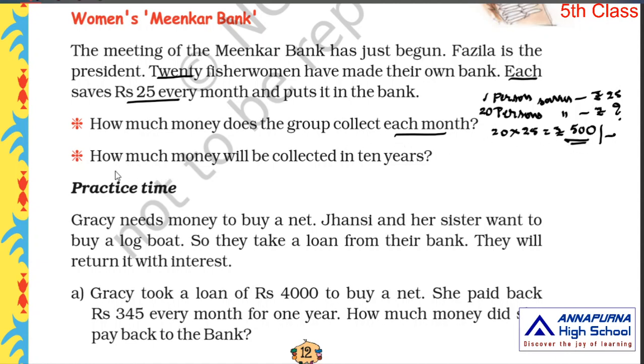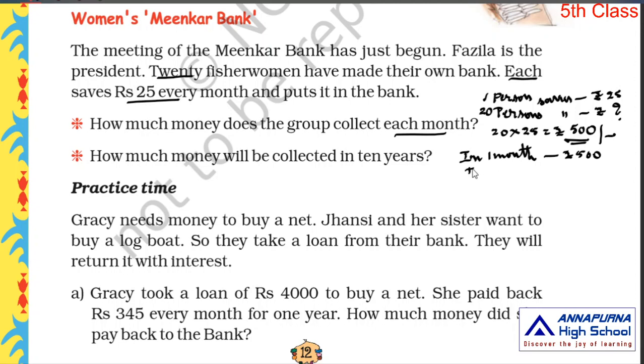Here, the second question is, how much money will be collected in 10 years? This 500 is the savings in 1 month. To calculate the total money saved in 10 years, first we need to calculate for 1 year.